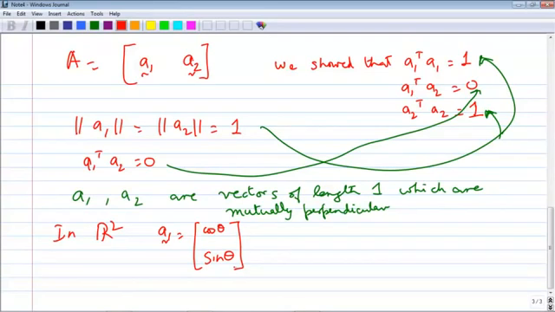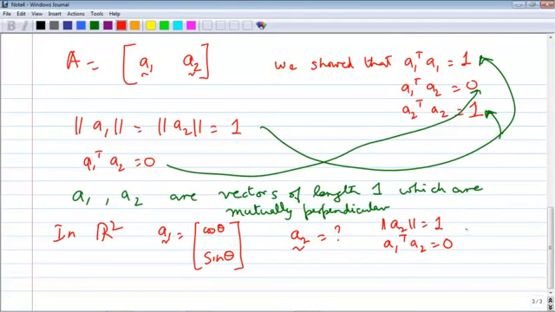Okay, then what must A2 be? Well, we know that the length of A2 should be 1, and it should be the case that A1 transposed A2 is equal to 0. So what choice do I have? I essentially have two choices now.